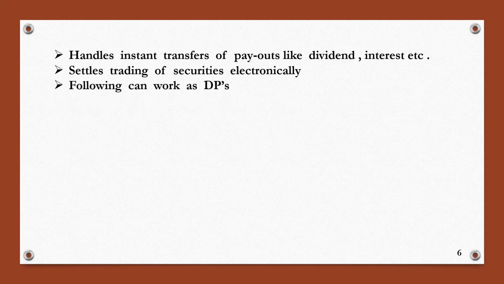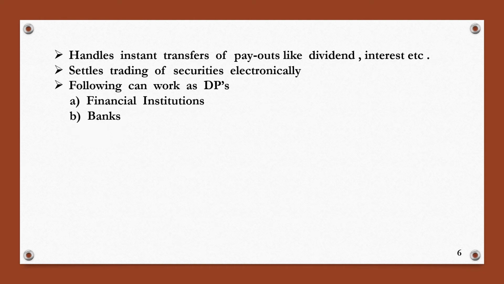Now, let us understand as to who all can act or work as depository participant. It includes the following. Firstly, financial institutions like SIDBI, IDBI, ICICI. These are all the financial institutions and they can play the role of DP.